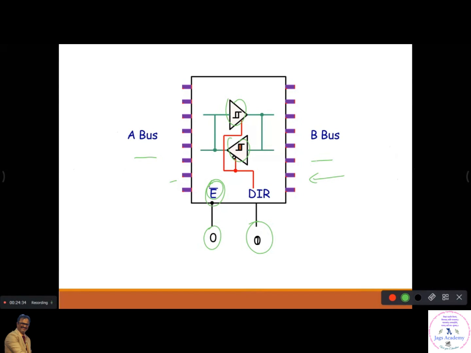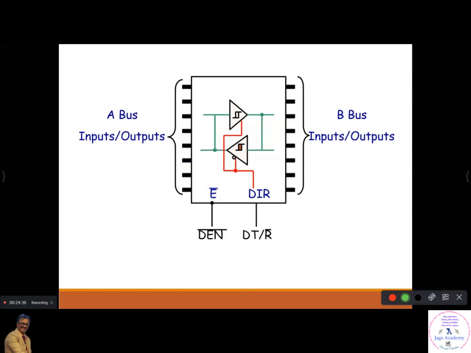Now, how do we use this in separating the data bus? See here. On this side, assume that you have the address data lines. Whenever your data enable goes low, as I told you, that means the microprocessor is using the address data bus as a data bus.